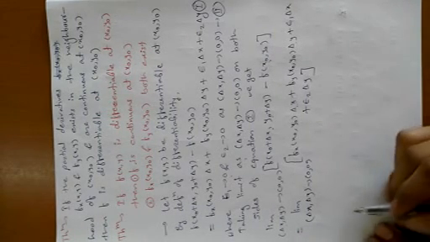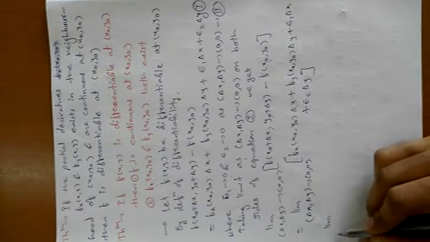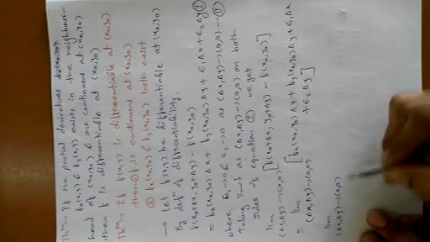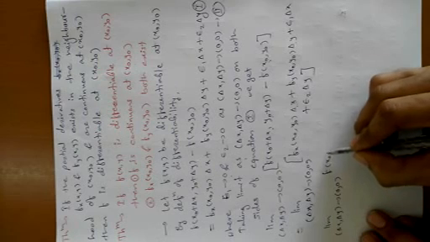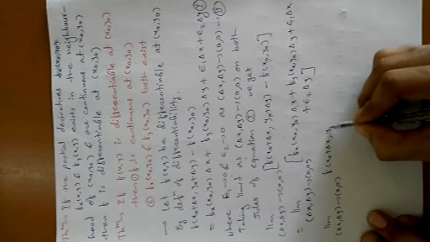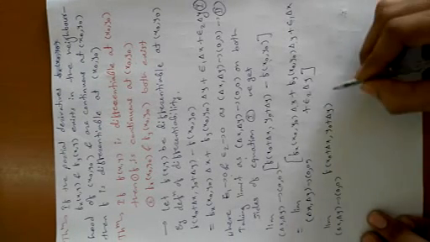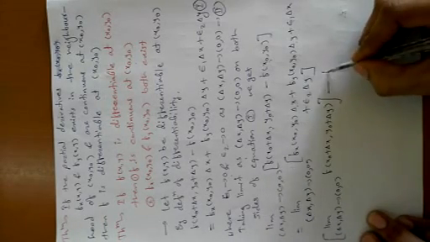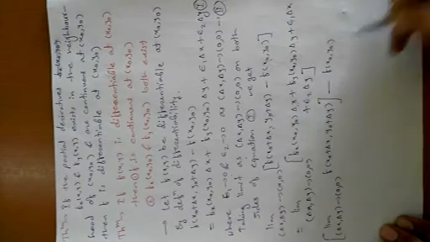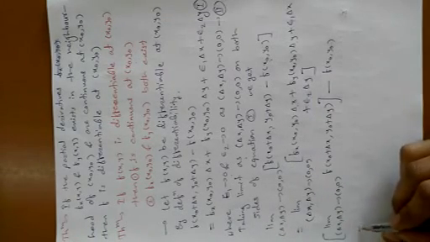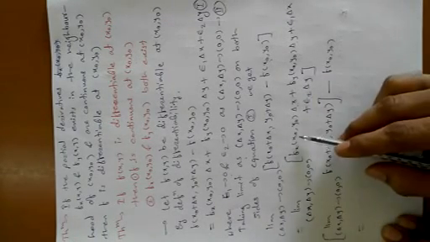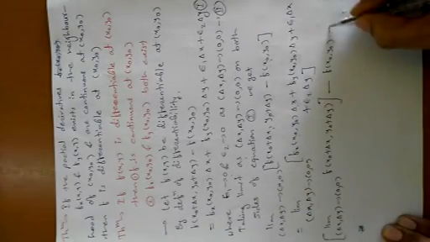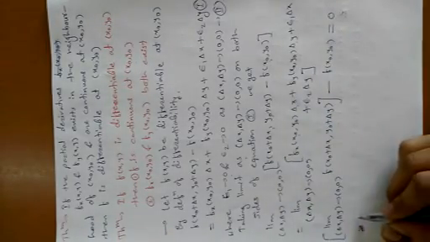and we will get limit as delta x delta y tends to 0, 0 of f of x0 plus delta x, y0 plus delta y minus f of x0, y0, which is equal to, on the right hand side each term will be 0, so I will write here equal to 0.